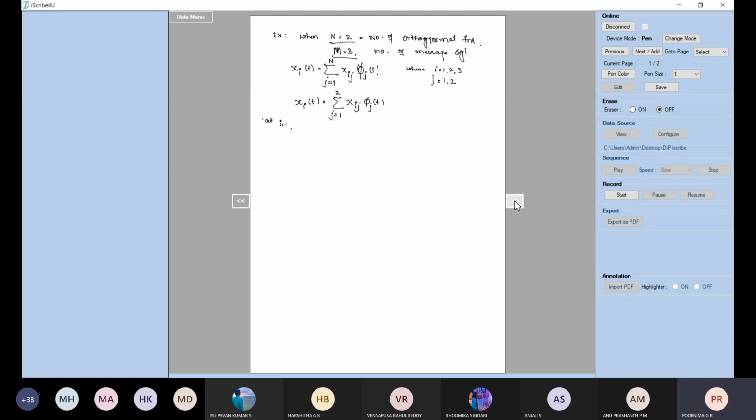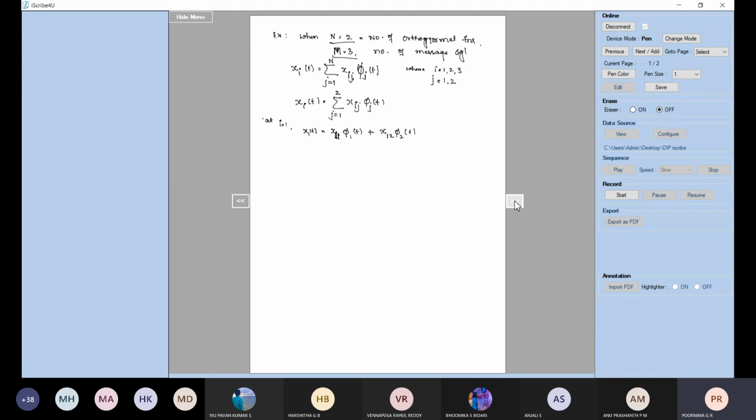When i is equal to 1, xi of t will be x1 of t, equal to x ij with i equal to 1 and j starting at 1: x11 into phi 1 of t plus x12 into phi 2 of t.